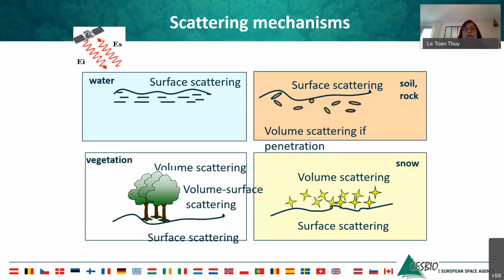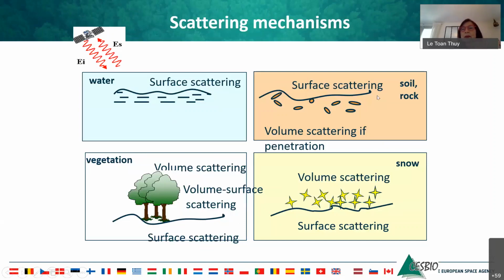And here the scattering mechanism, the surface scattering, here is the water. The wave cannot penetrate inside the water because the water molecules act like a screen to avoid the penetration of the wave inside, and the wave will go to the surface and then back to the radar.